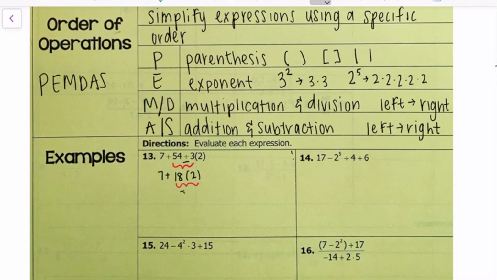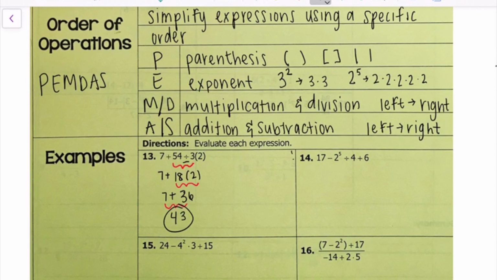So 18 times 2 is 36. I add in the plus 7. I only have one operation left, and that is 7 plus 36, and that is 43. Awesome. Not so bad, right? As long as you follow the correct order, you will be fine.